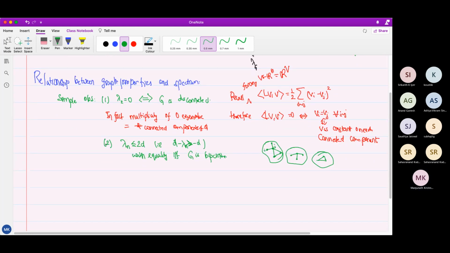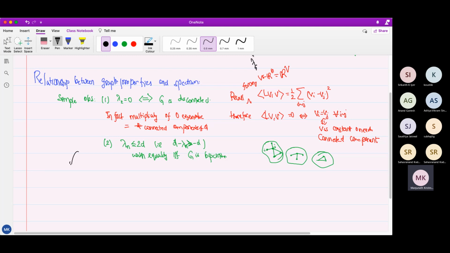Anyway, now I want to go for more quantitative points. This is one of the most fundamental theorems in the structure of graphs, called the Cheeger inequality.